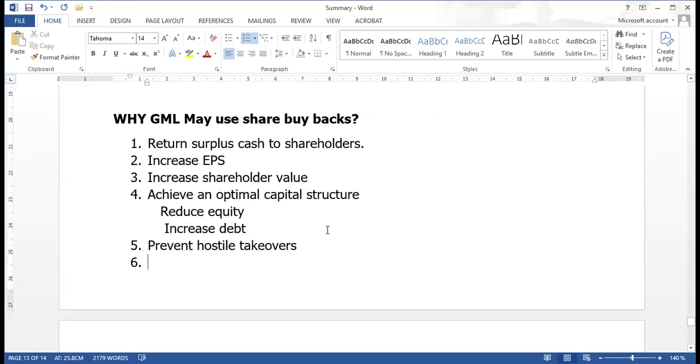Then, what else? I really think they are enough. Because you also find that this supports the share price indirectly.